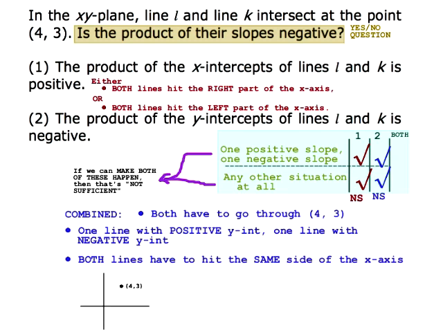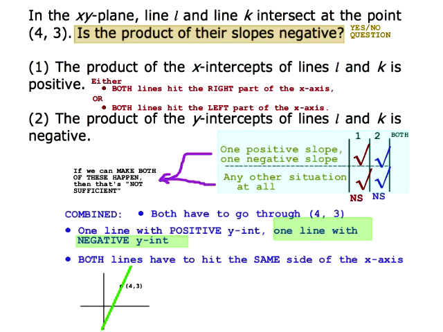According to statement 2, you absolutely have to, no matter what, have a line that has a negative y-intercept that goes through (4, 3). If you think about drawing that, no matter what, that line is definitely going to have a positive x-intercept because it's going to have to look like this.